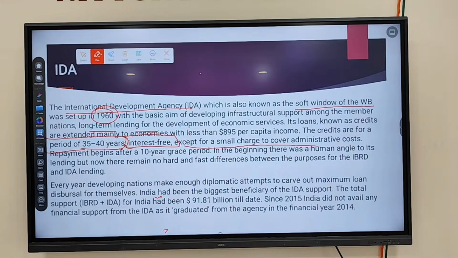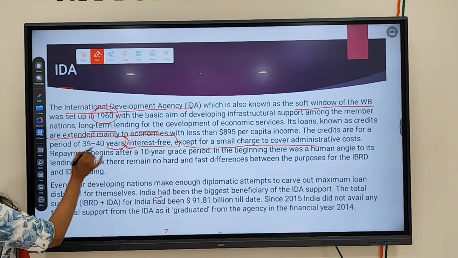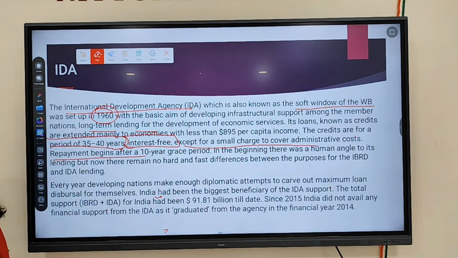Have you seen document verification? For document verification, they will take 250 rupees, 2000 rupees. That is a kind of administrative cost. And repayment begins after a 10-year grace period.